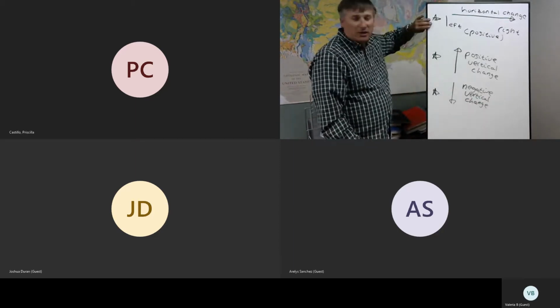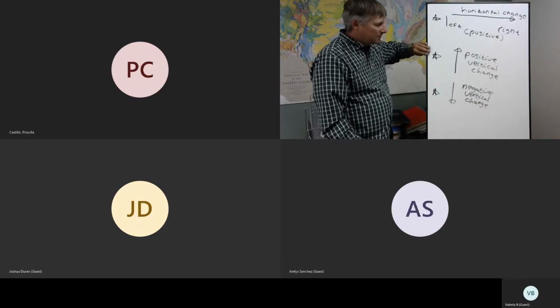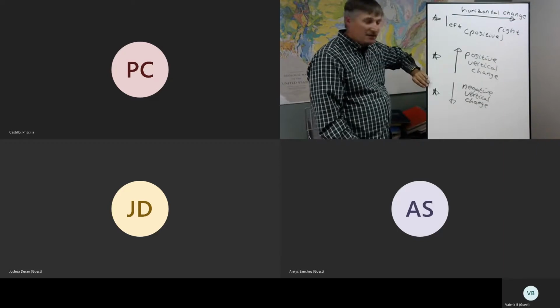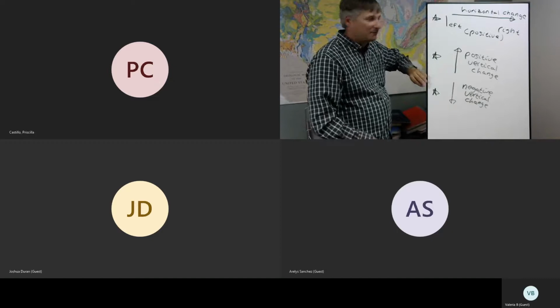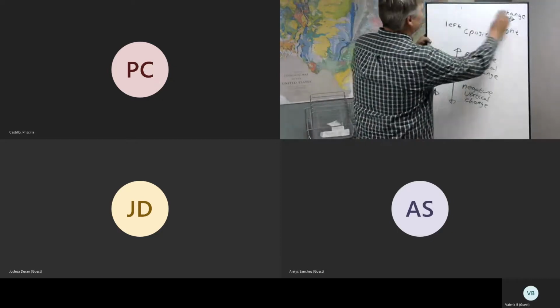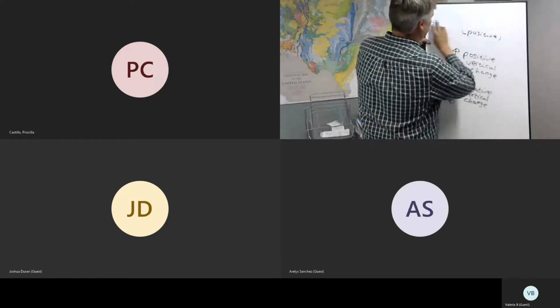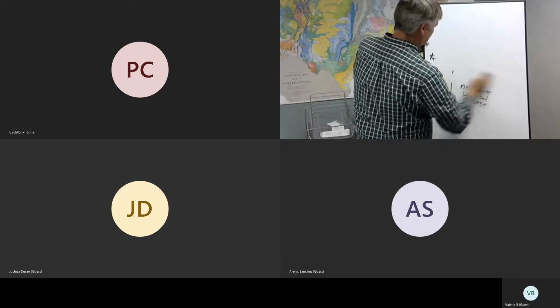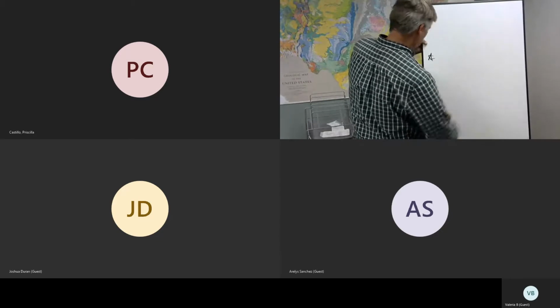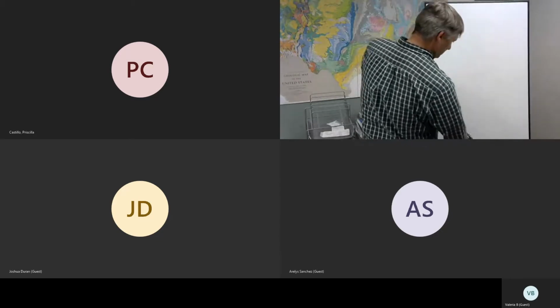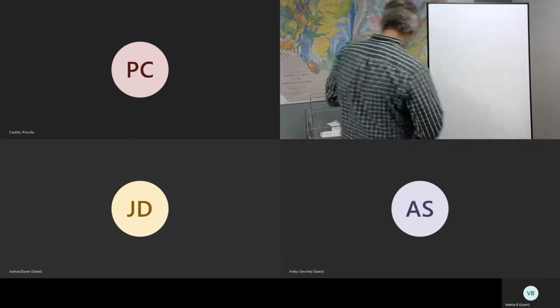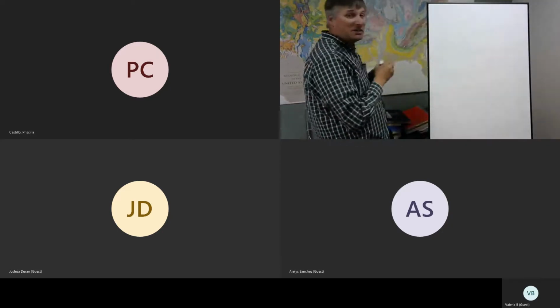So you have a horizontal change, a positive vertical change, and a negative vertical change. So let me give you an example.